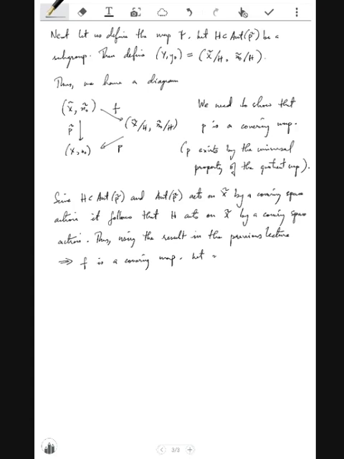So let x be in X and let V be a path connected open neighborhood of x, which is evenly covered by p tilde.